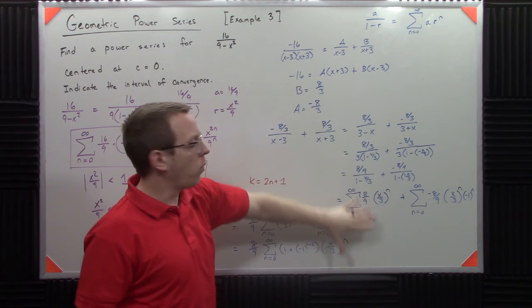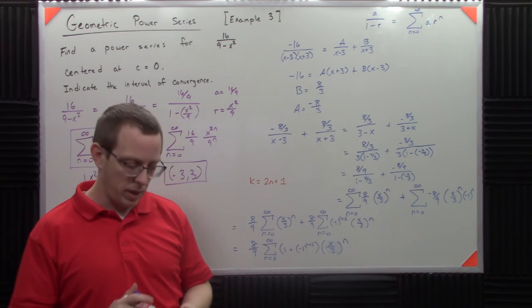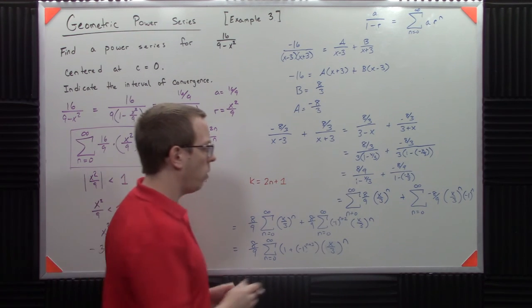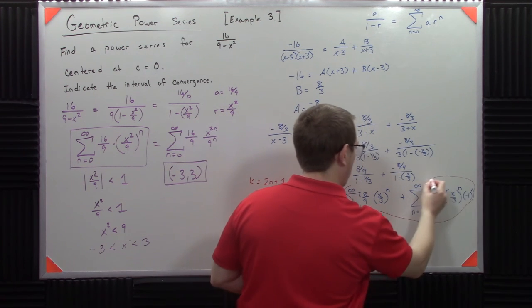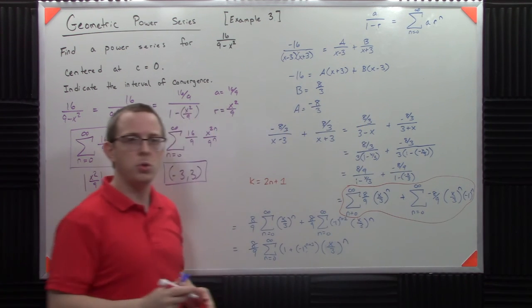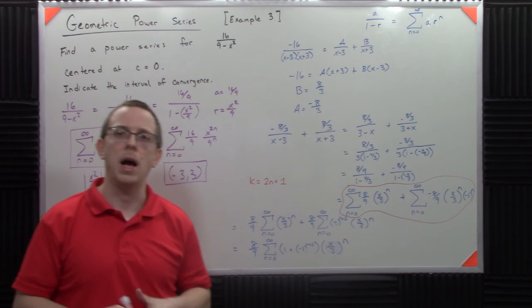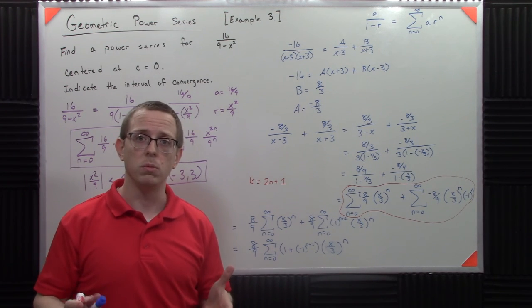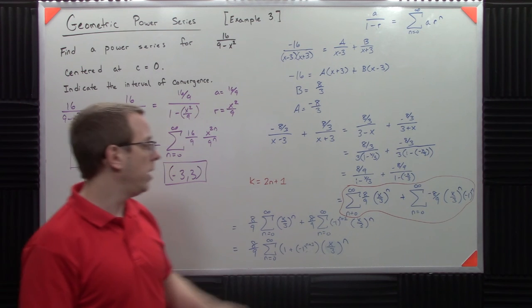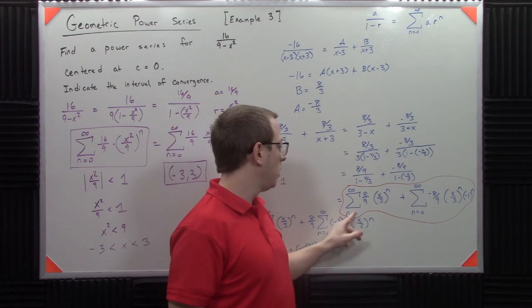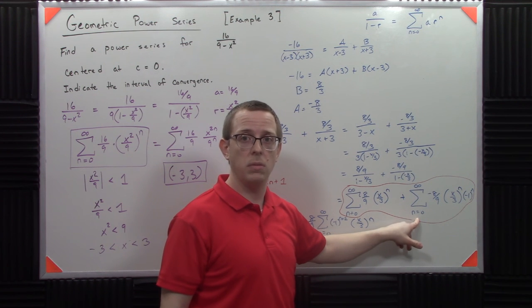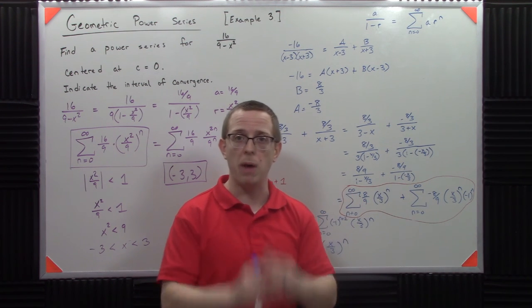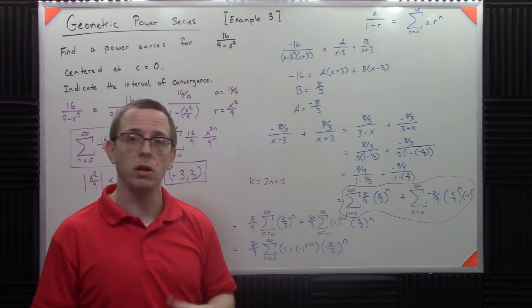But the whole point of doing this is setting you up for something very important. One, this we haven't really talked about, which is, what do you do when you have two series together? How do you merge them? Well, it turns out that as long as they have the same indexing, like they start and end at the same index, you can actually just smash them together as long as they individually converge.